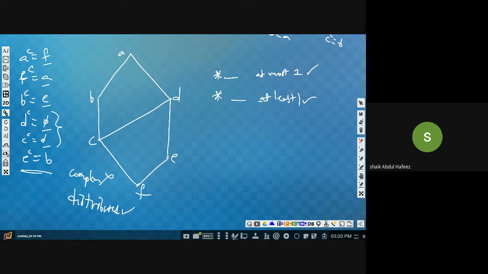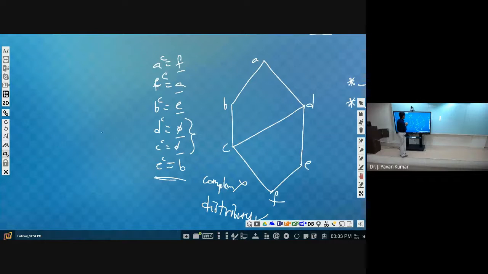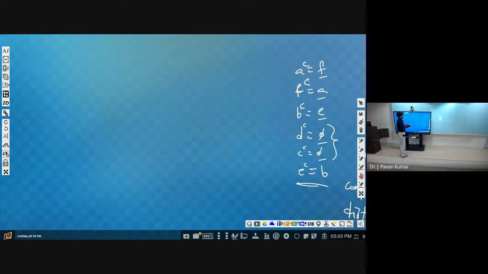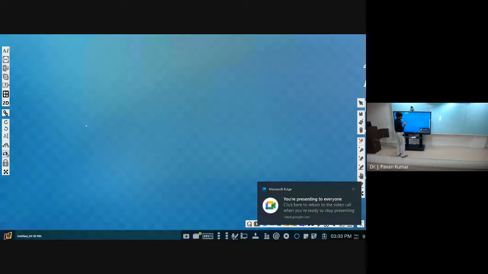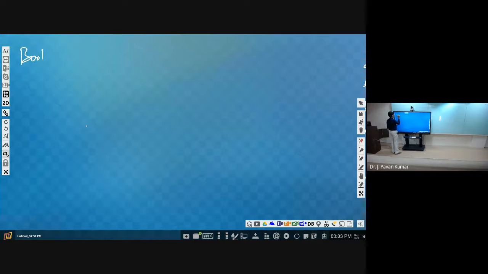Yes, sir. Now, based upon this, we have one important notion called Boolean algebra.